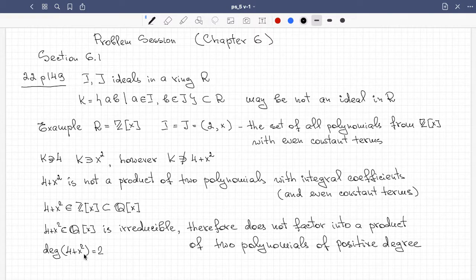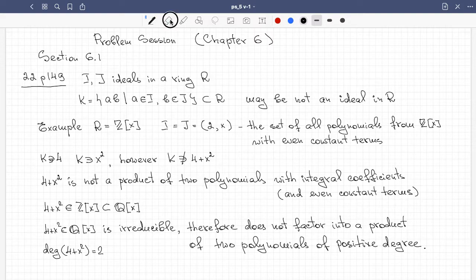So if it factors, it must have a root. It does not have a root, therefore it is irreducible. So it does not factor into two polynomials of positive degree.